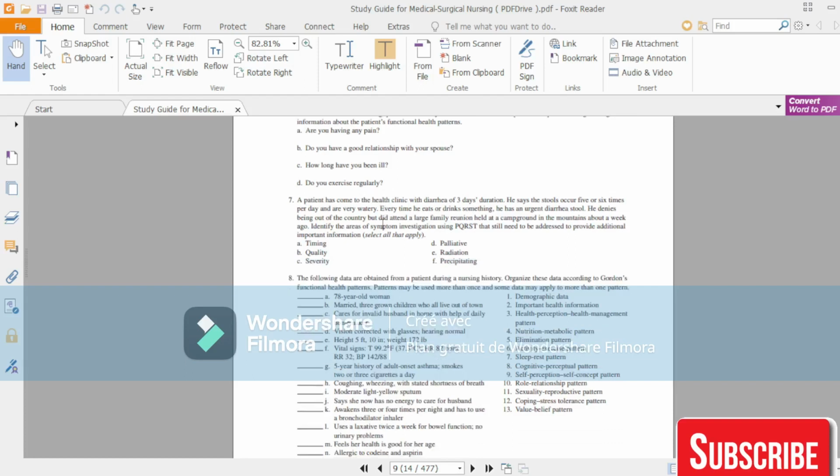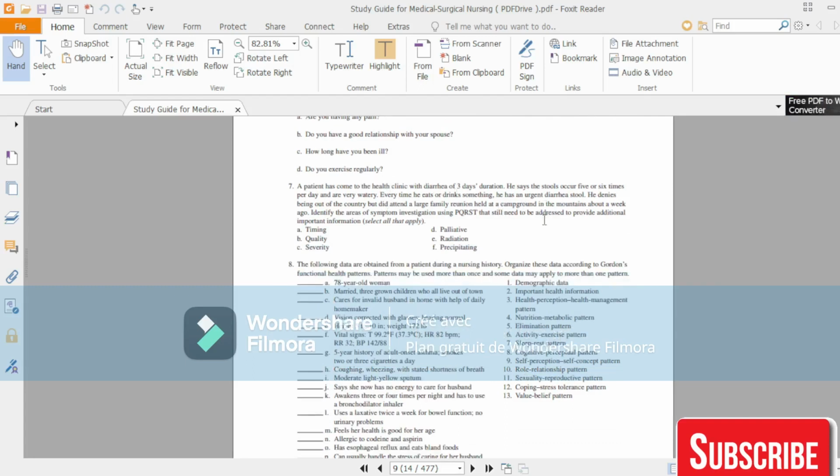Question number 7. A patient has come to the health clinic with diarrhea of 3 days duration. He says the stools occur five or six times per day and are very watery. Every time he eats or drinks something, he has an urgent diarrhea stool.